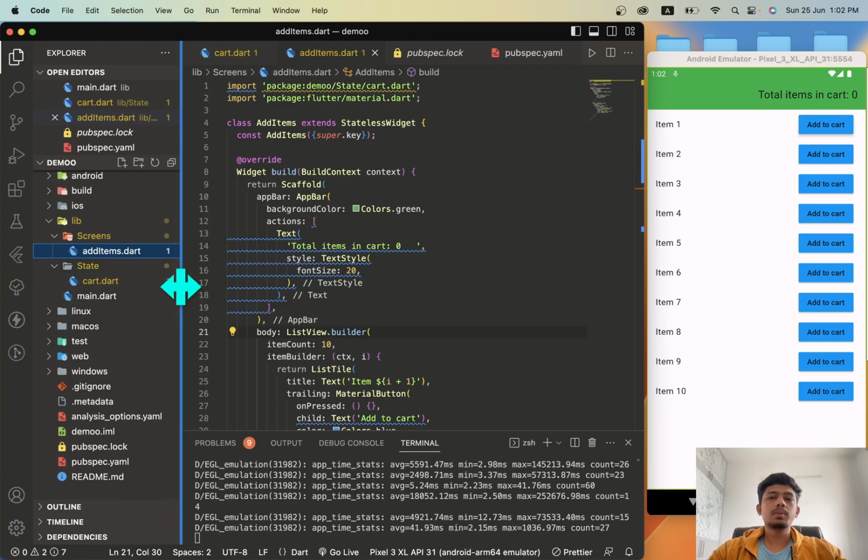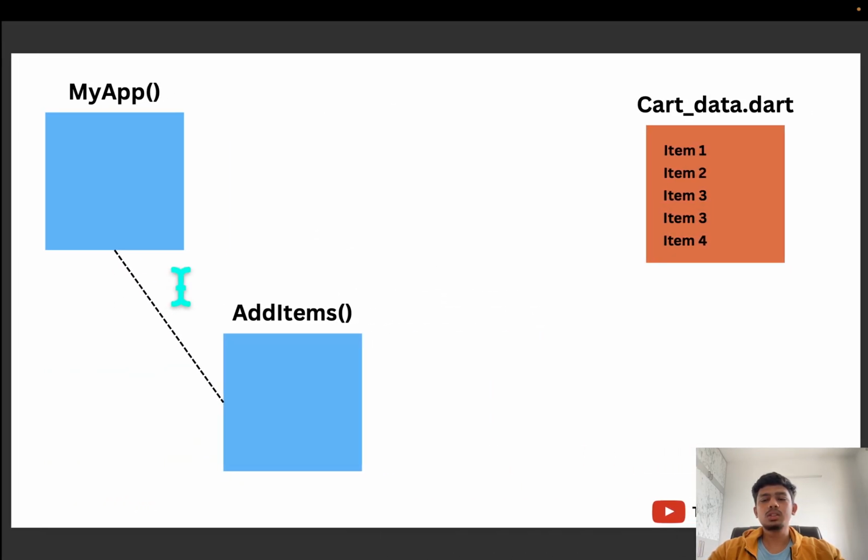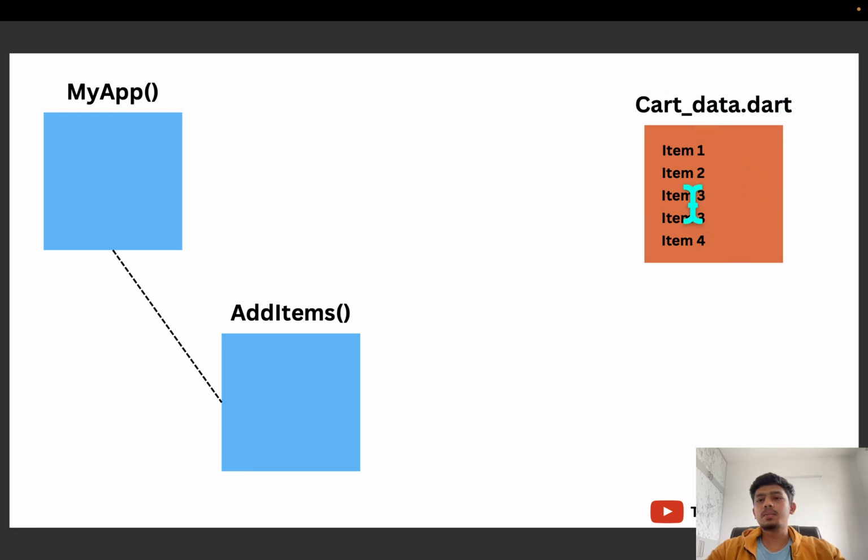Before moving into the concept, I'll explain using a simple diagram. We have our cart data, where we will be adding our cart items. This is our state, and we have our add items class, which is our UI. Our task is to establish a connection between this UI and state so that we can communicate and interchange data between these two classes. For that we will create a pipeline, attached to the state and the parent class of this UI.